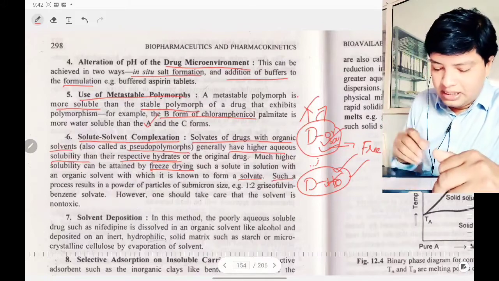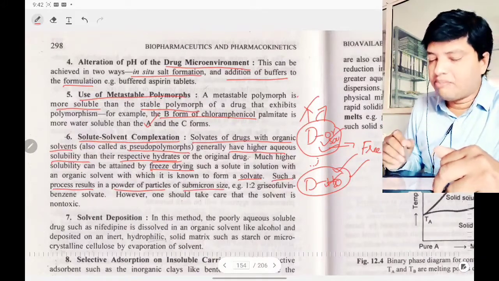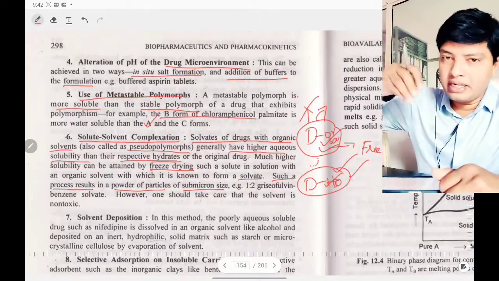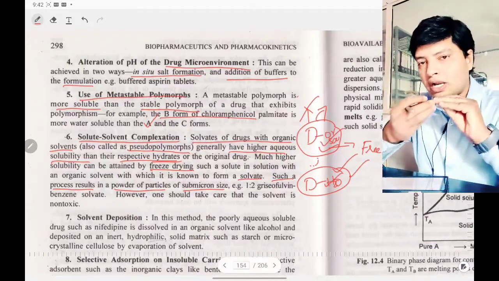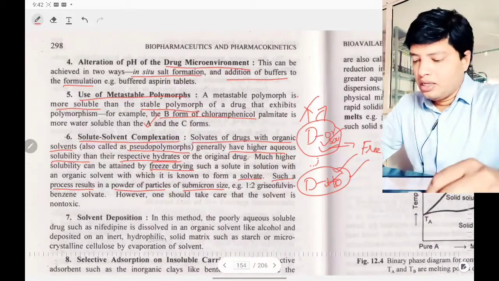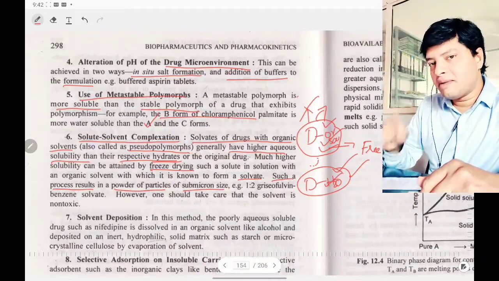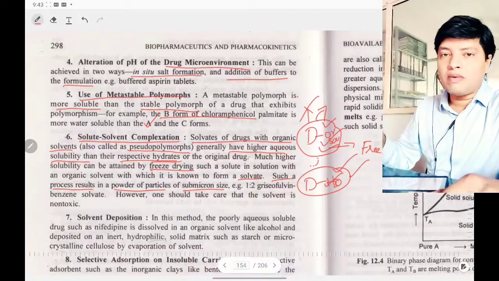Okay. Such a process results in powder of particles in submicron size. So what we are doing here is taking a solute and adding it to this organic solvent. We are creating a complex between solute and organic solvent. That is called organic solvates. Again we are freeze drying them and converting them into powder. So among all this procedure, what happens?